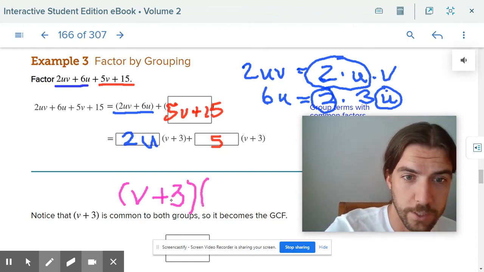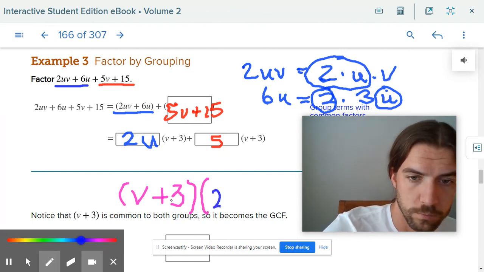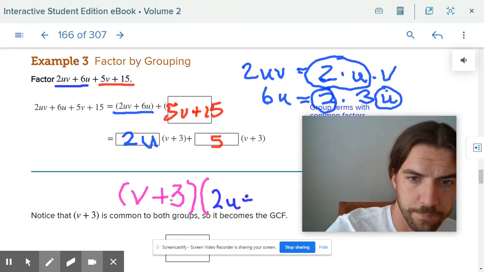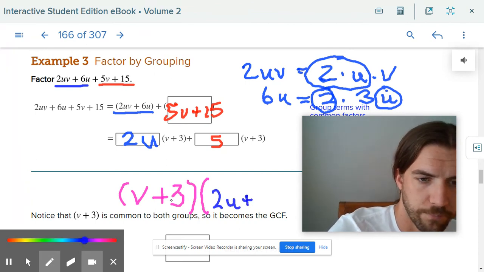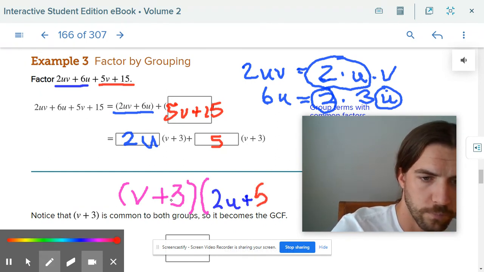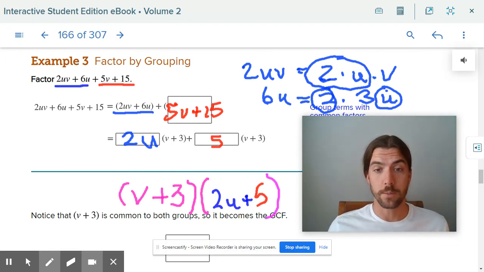It was multiplied by 2u, and it was also multiplied by 5. Okay, so we arrive at our fully factored answer, which is v plus 3 times 2u plus 5. We've taken these four different terms and we've just turned it into a product of two factors.